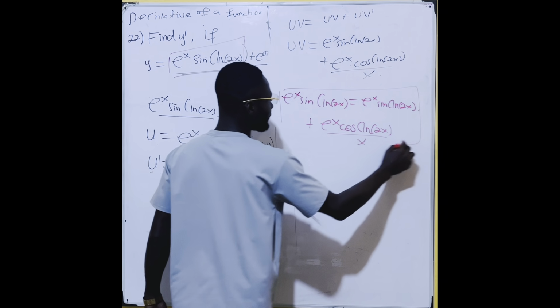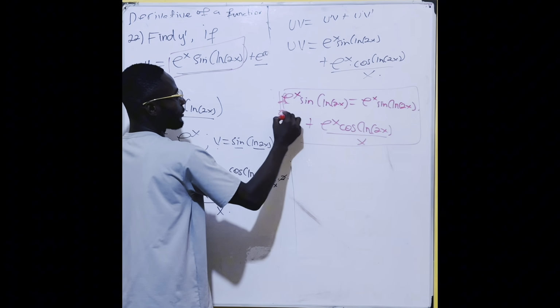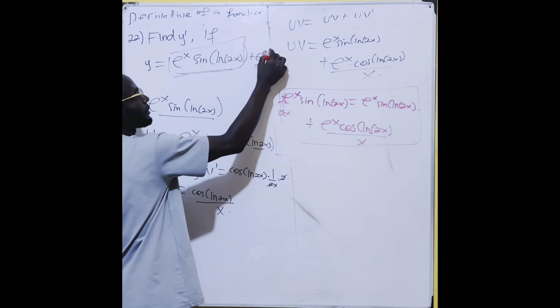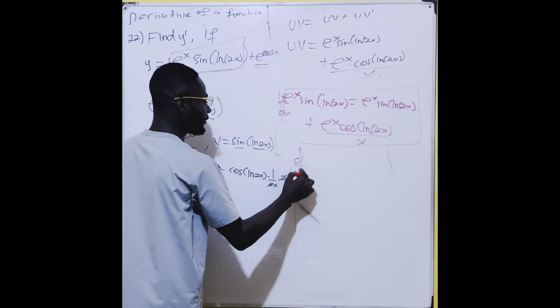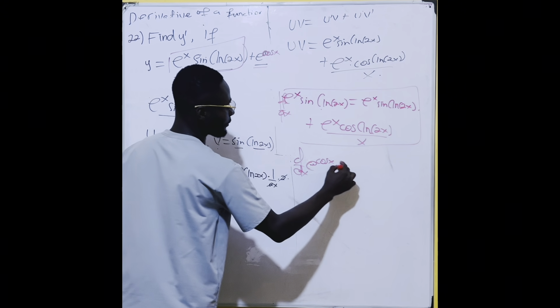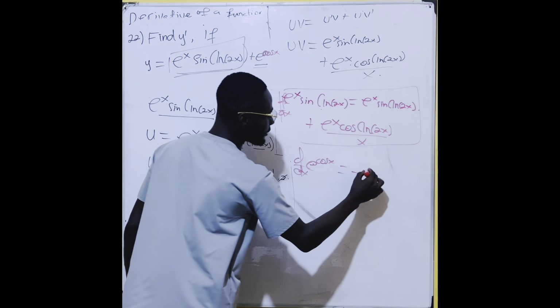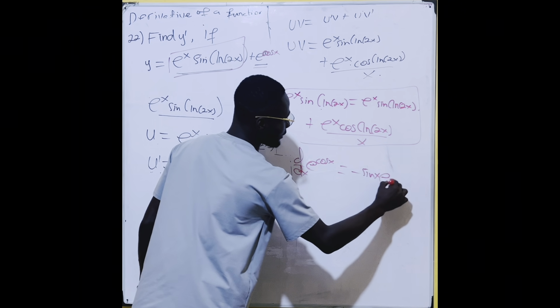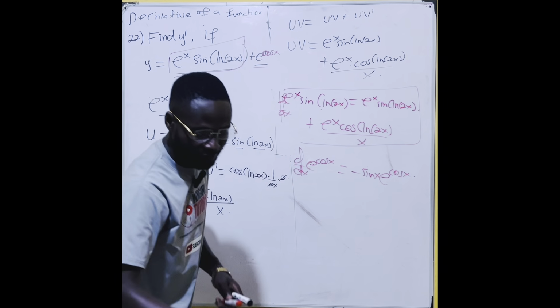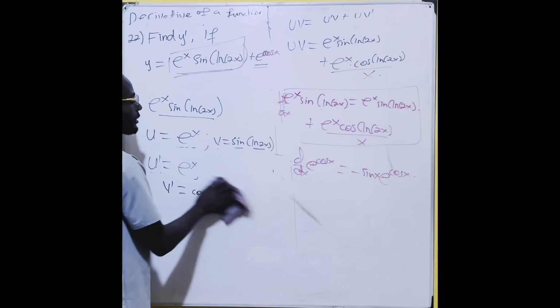So that is the derivative of this. Now let's come to the second part, the derivative of e to the cos x, right? And that is going to be negative sine x e to the cos x, right? So now we have the first part, we have the second part. Let's combine all.